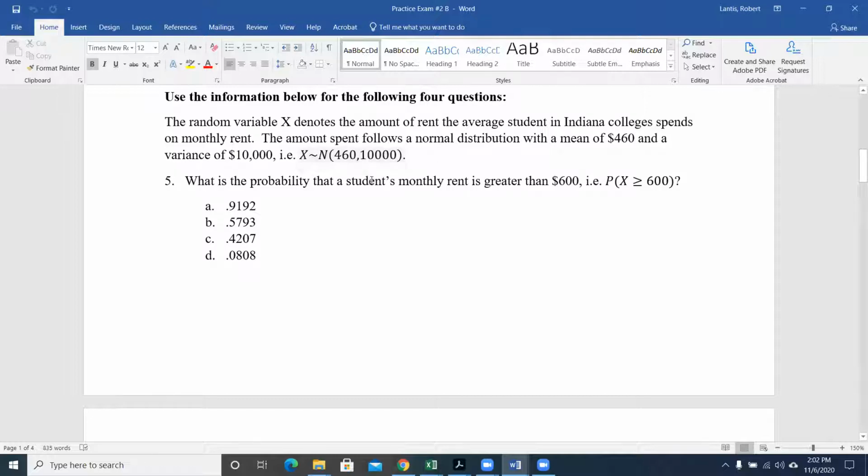So we have this normally distributed variable, and we want to know what's the probability that the student's rent is greater than 600. We know the mean, and we want to know the probability it's greater than 600.